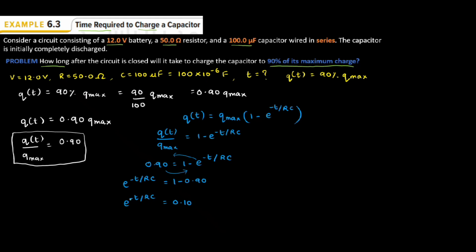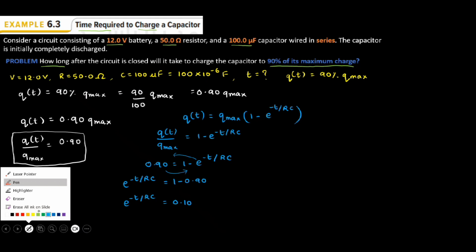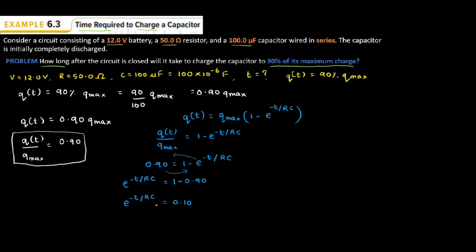If I want to solve for this, I need to use the natural log on both sides to get rid of that e. So we write natural log of e to the power -t by RC equals natural log of 0.10.